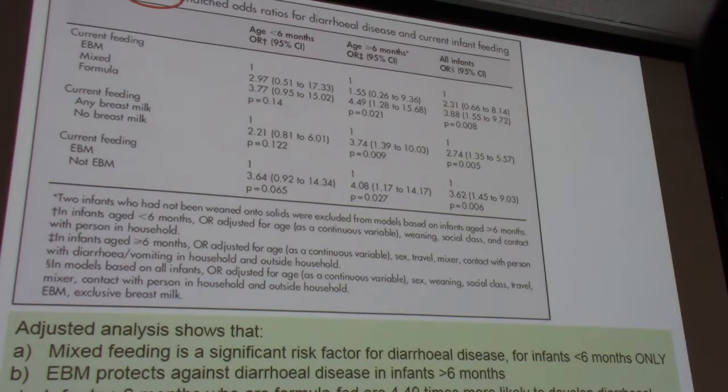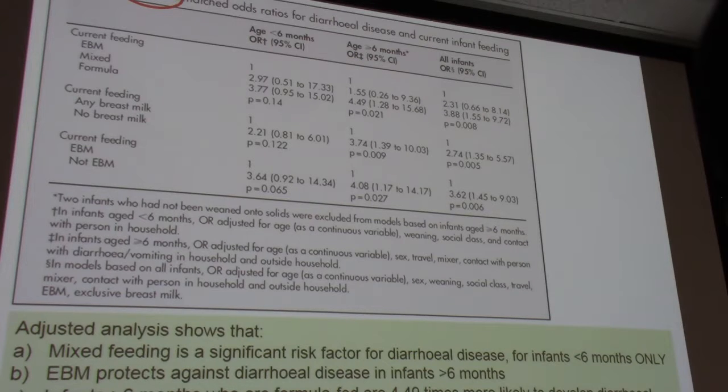Yeah, so here it would be the odds of being formula fed in the cases versus controls is 4.49 times higher, and that's comparing the cases to the controls. Oh, the ones with diarrhea. With diarrhea, yeah.